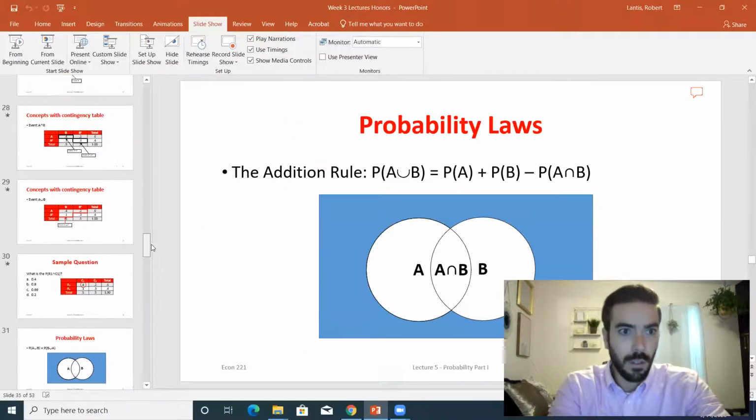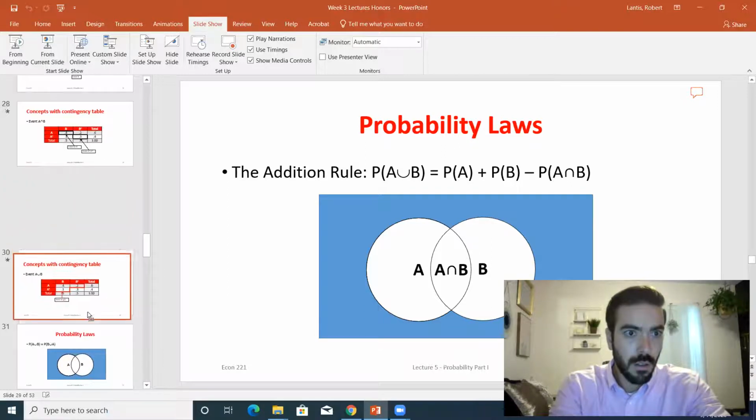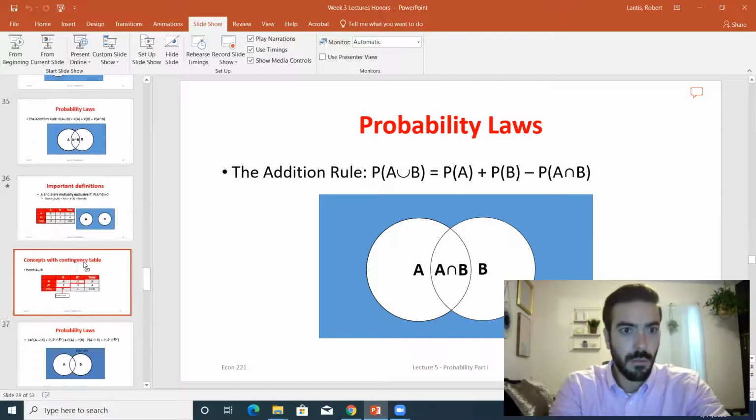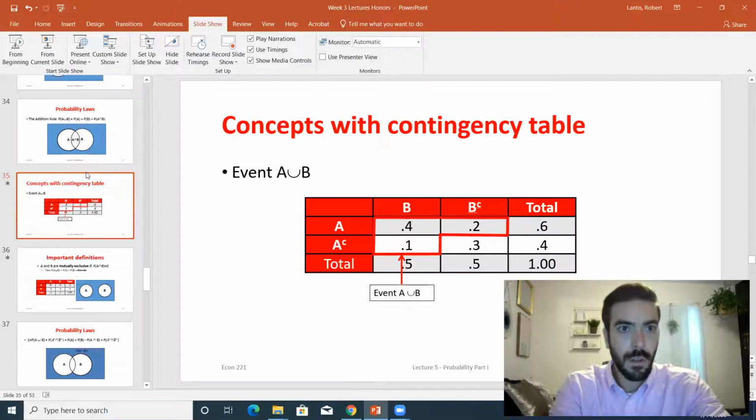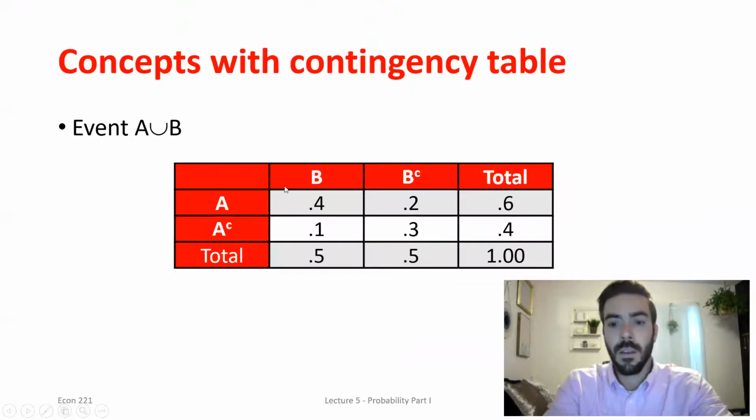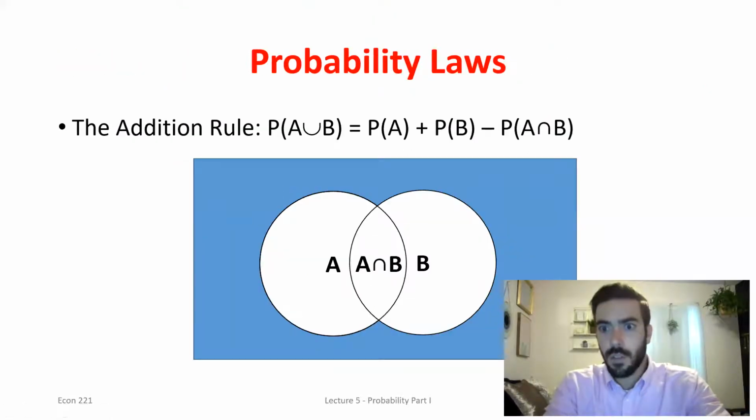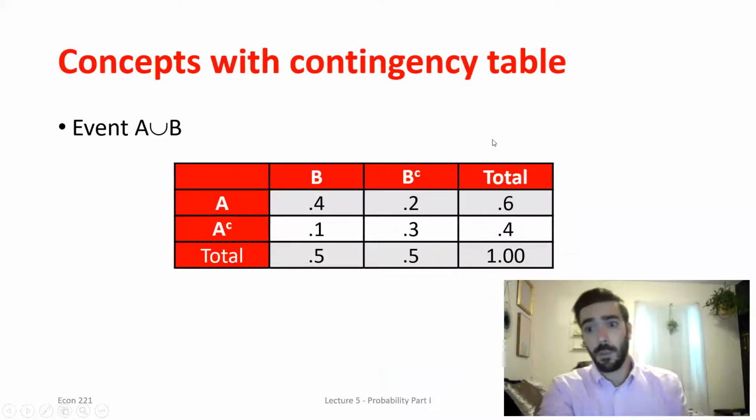If we go back to earlier, when we were talking about the union, if this is our law, we should be able to take the probability of A plus the probability of B and subtract the intersection of those two events. If I look at a contingency table, the probability of A is just 0.6.